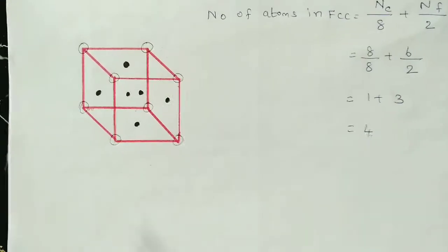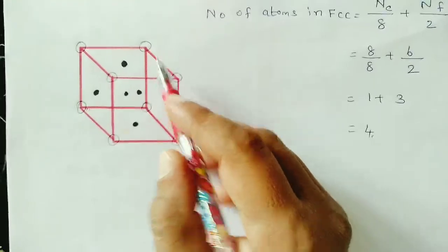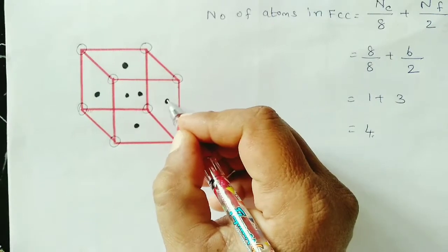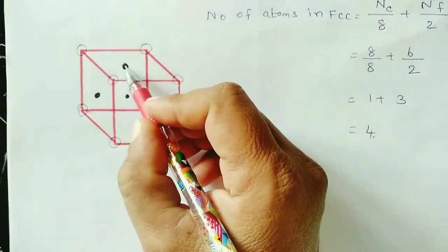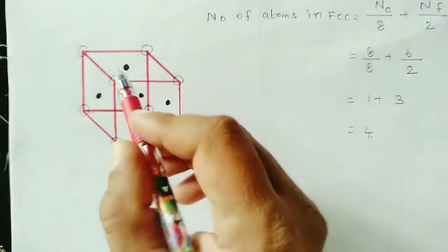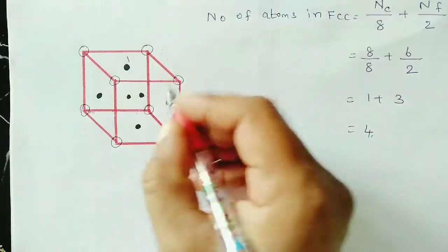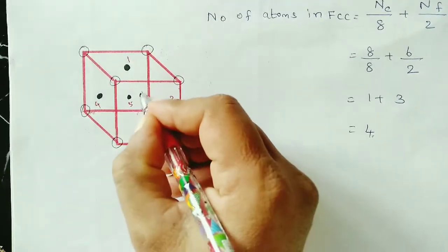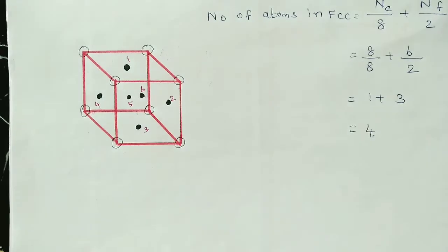In the case of the face centered cubic unit cell, there are 6 faces, and at the central position of each face there is an occupying atom. That's 6 atoms. Each face carries 1 atom.